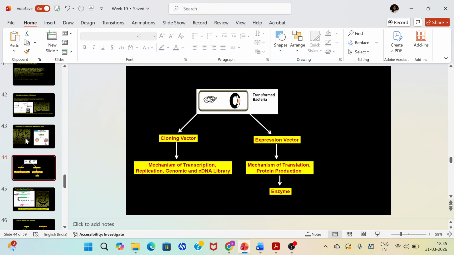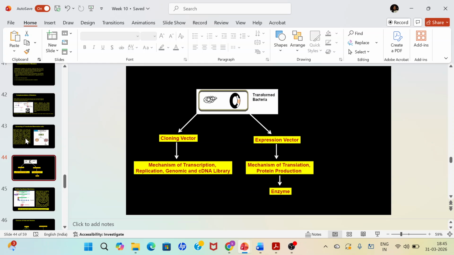Now we have seen what kind of methods are involved when we want to see if the transformation has happened or not, and if we have used the suitable vector or not, suitable cells or not. Now when we are selecting the vectors, there are two further categories of the vector. Either it is a cloning vector or it is an expression vector.